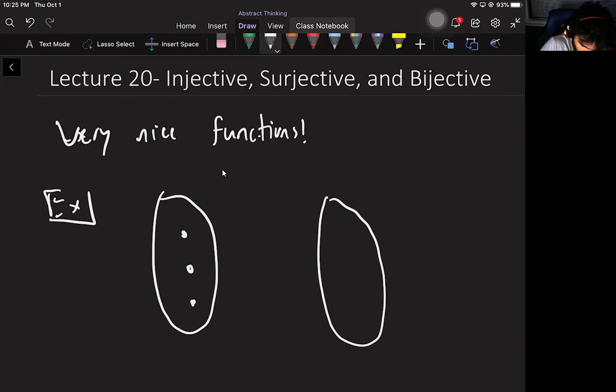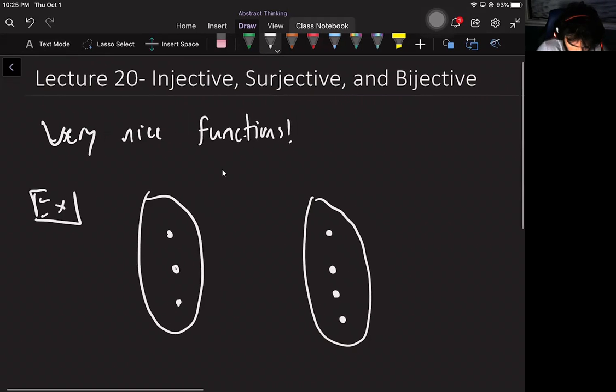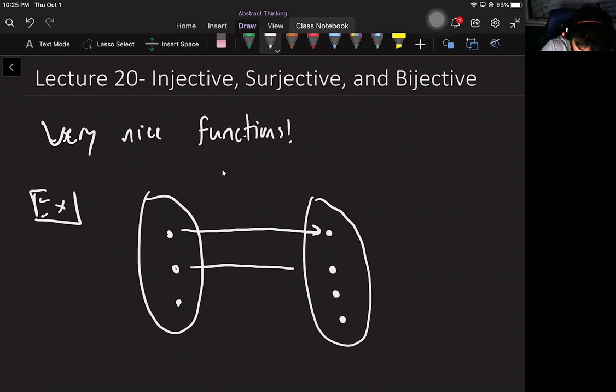So remember last time we could sort of see how a function works by just drawing little dots and arrows. So the dots represent elements in these two sets, and arrows represent the function definition. So this is an especially nice kind of function in a very specific way.